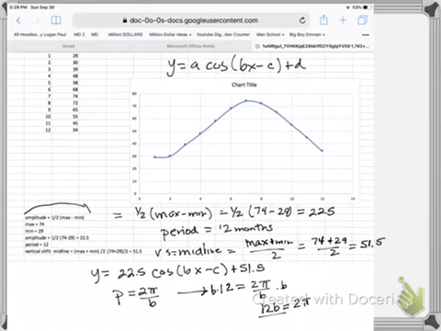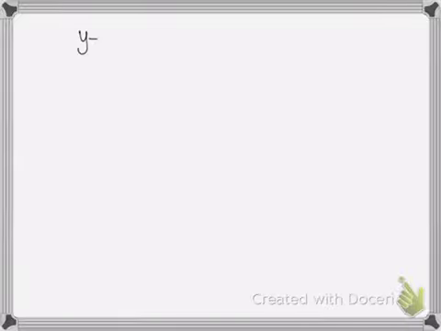If we divide both sides by 12, we get that b is equal to pi over 6. So now we have y equals 22.5 cosine of pi over 6x minus c plus 51.5.